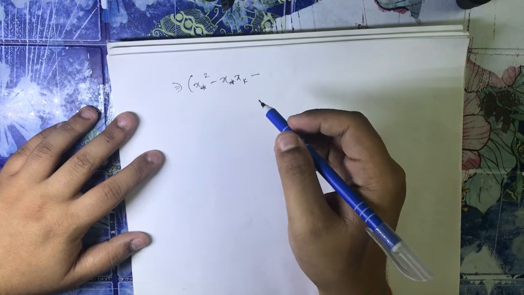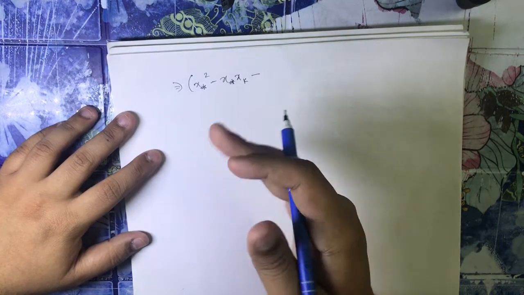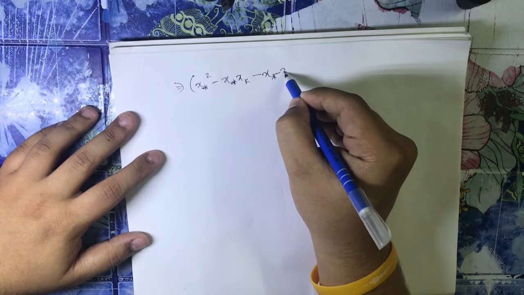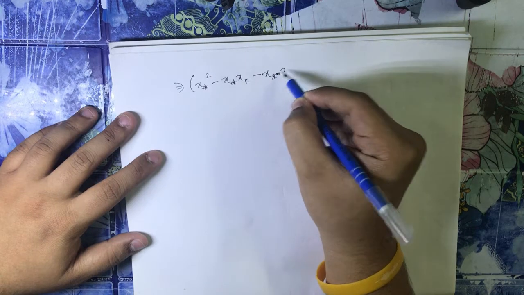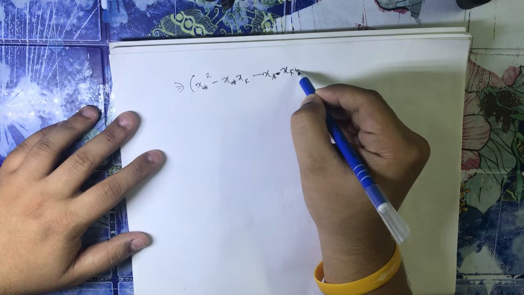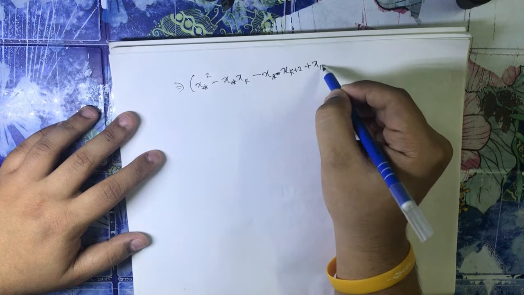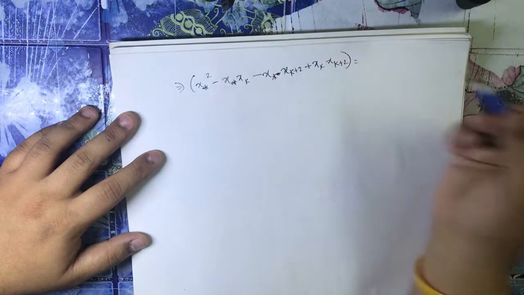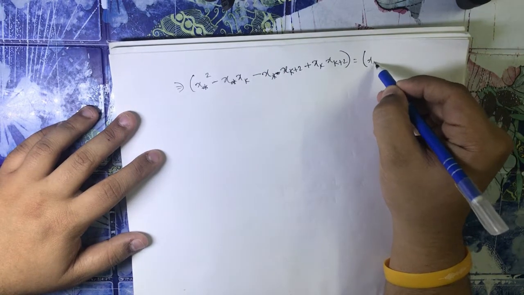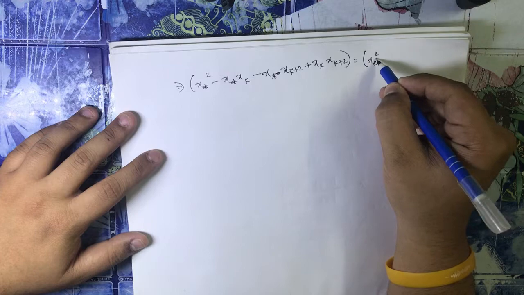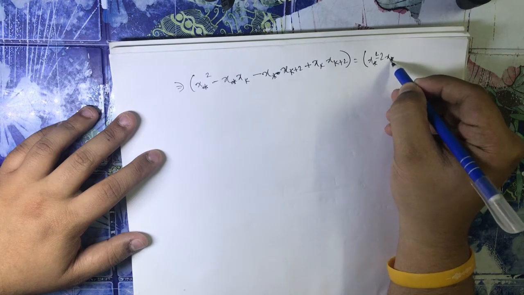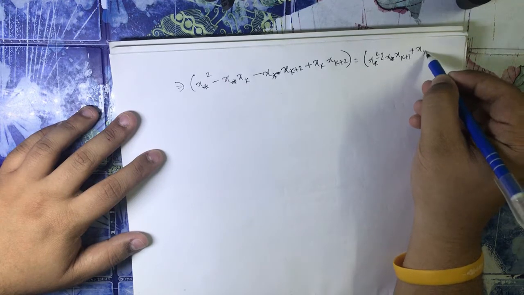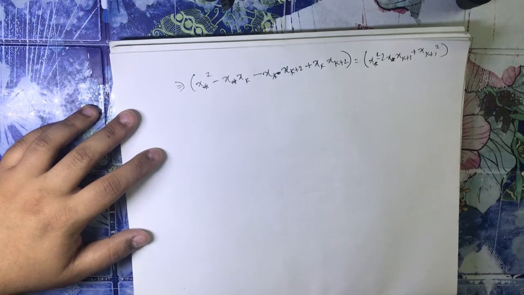Just do the math yourselves alongside the video so that you can keep pace with me. All right, x star square minus x star multiplied with xk plus 2 minus x star xk plus xk multiplied with xk plus 2 equals x star whole square minus 2 x star into xk plus 1 plus xk plus 1 whole square.